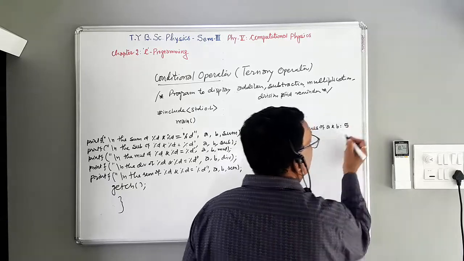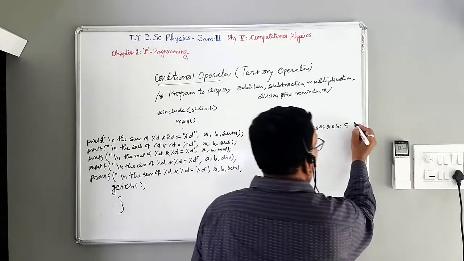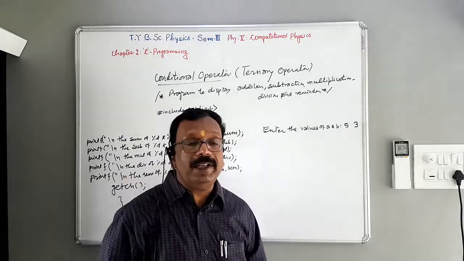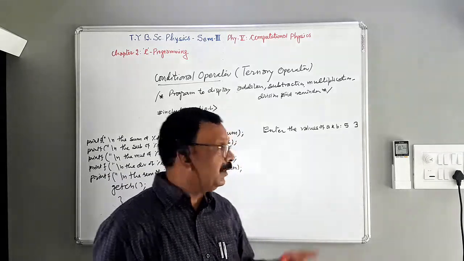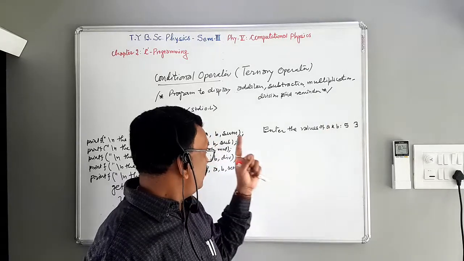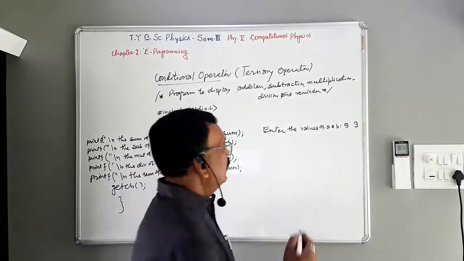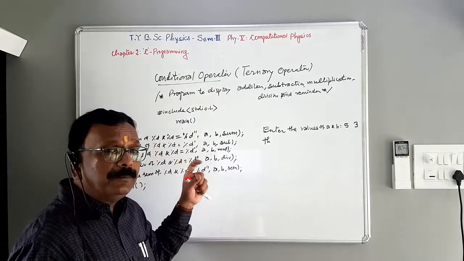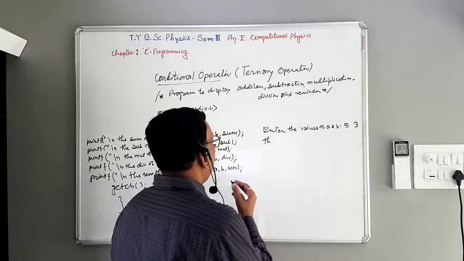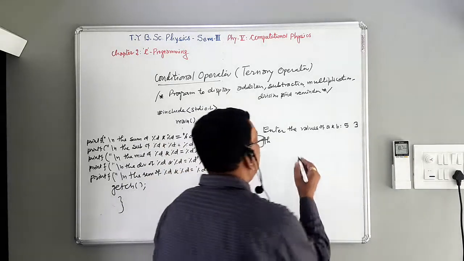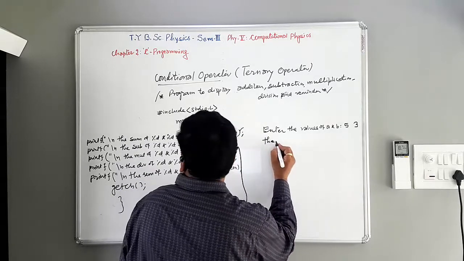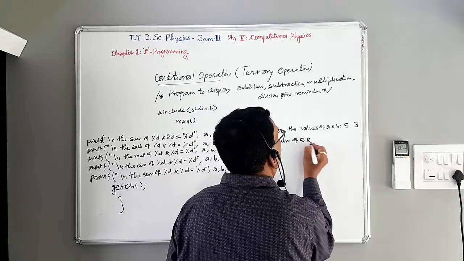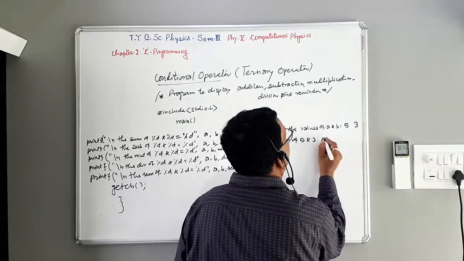Suppose we enter 5, then space and 3. 5 is assigned to A and 3 is assigned to B, because here we used two variables A and B. Then, on the second line, considering these two values, the computer executes the program and uses the formula sum is equal to A plus B, and the end result is displayed by this statement: the sum of 5 and 3 is 8.